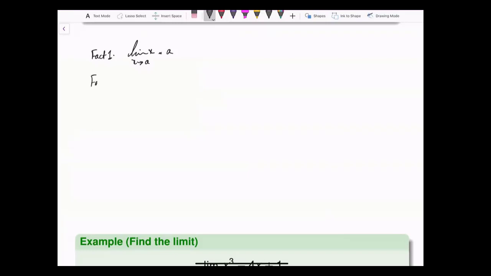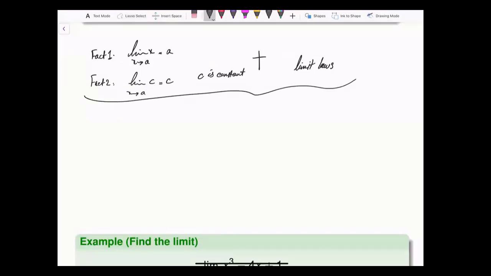And fact 2 is that the limit of any constant c as x approaches a is equal to that constant again. And you see, these two plus all the limit laws will give me two important facts.